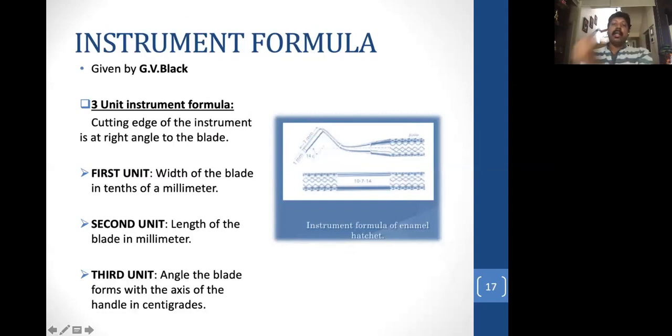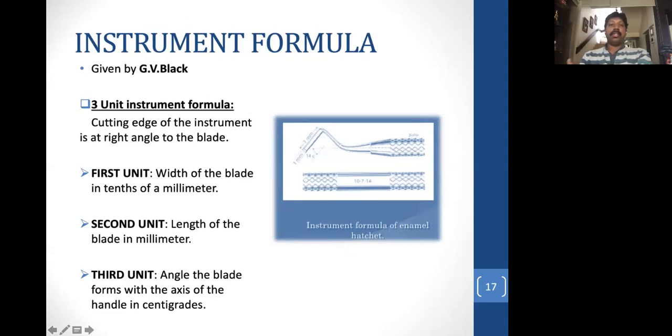So you understood now? The first unit is the width of the blade in tenths of a millimeter. The second unit is the length of the blade in millimeters. The third one is the angle of the blade with the axis of the handle in centigrade.